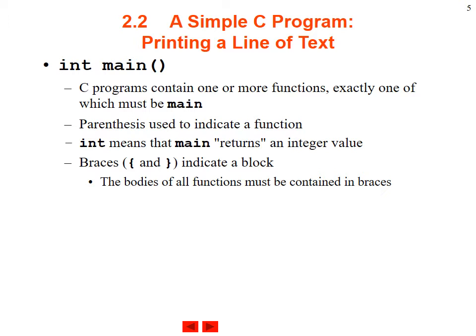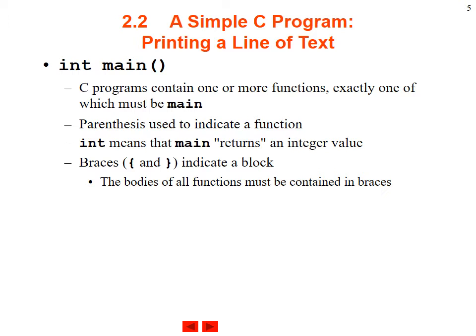We use the parentheses: if they are empty, it means the function takes no arguments or parameters. If there is something inside, then the function has to accept those. We'll look at it when we go to more programs.